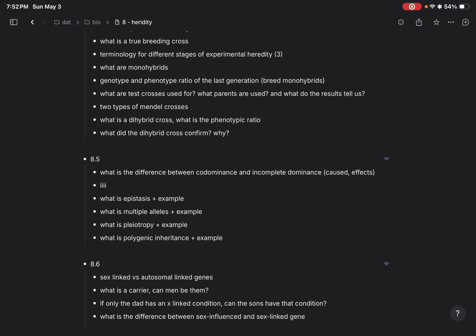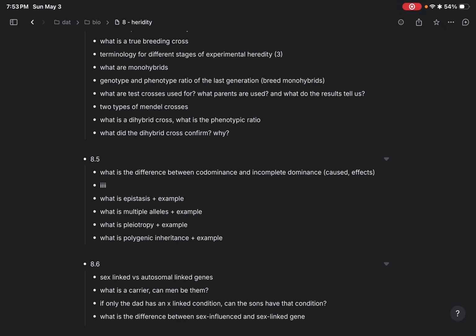So just to clarify again, incomplete dominance is when the alleles are expressed in a blend, and with codominance, they'll both be expressed but they won't be mixed.